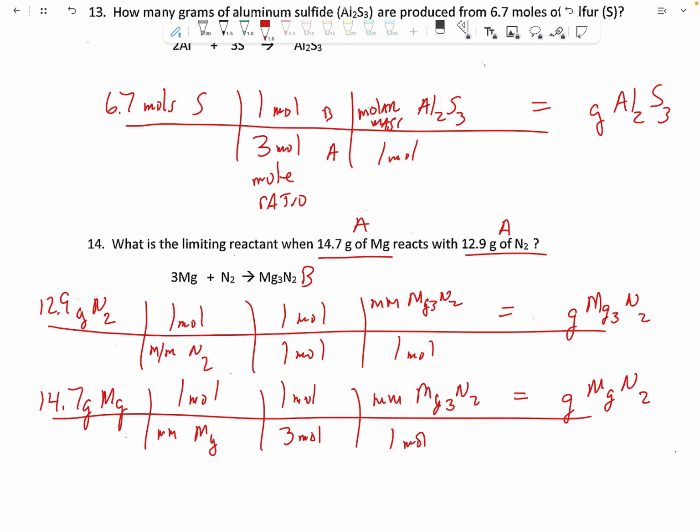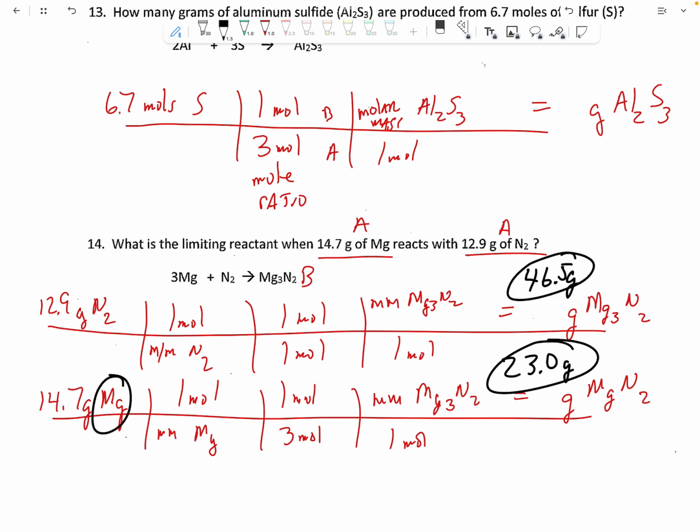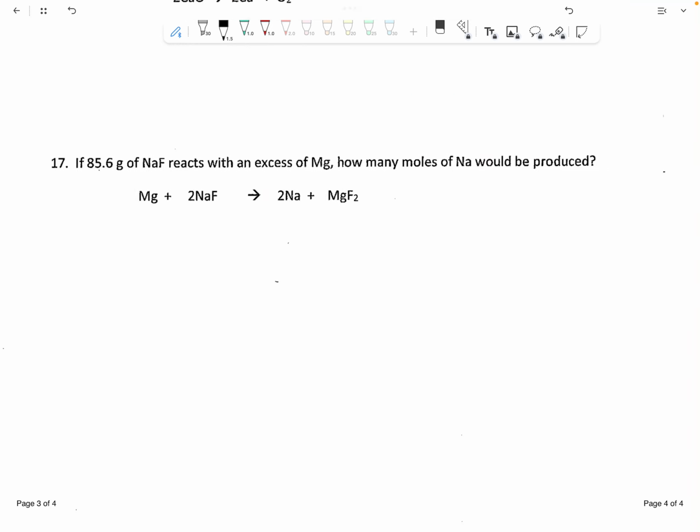When you calculate it out, when it's all said and done, I think the magnesium is around 23.0, something like that, grams, and the nitrogen was around 46.5 or something like that, which makes the magnesium your limiting reactant, because you find which product has less mass, and that will make the reactant the limiting reactant. Okay.